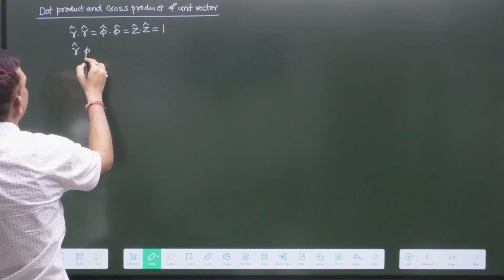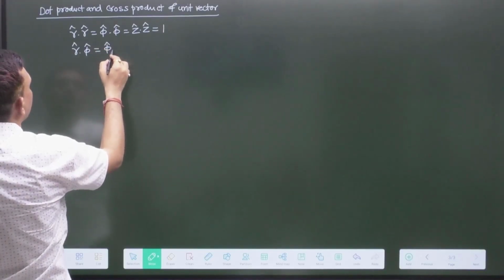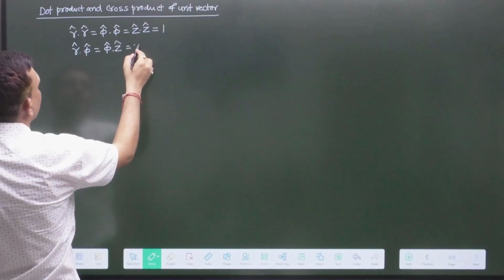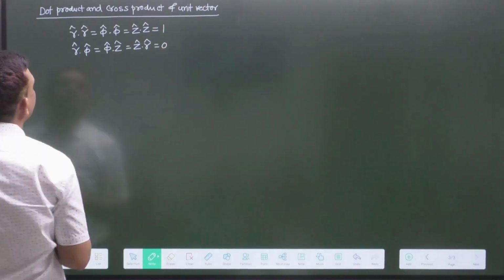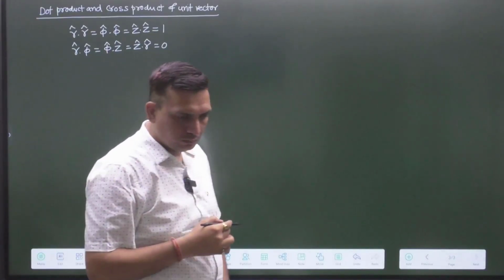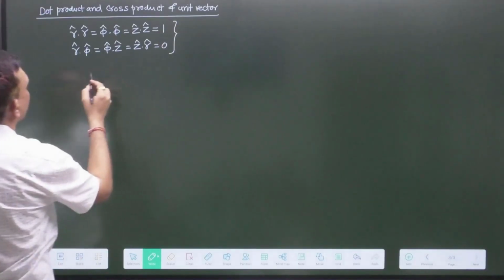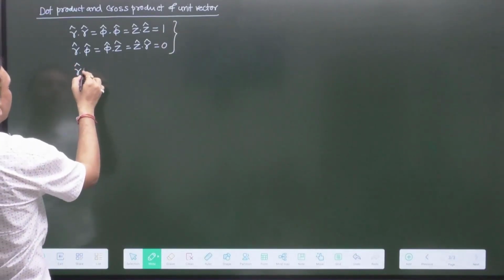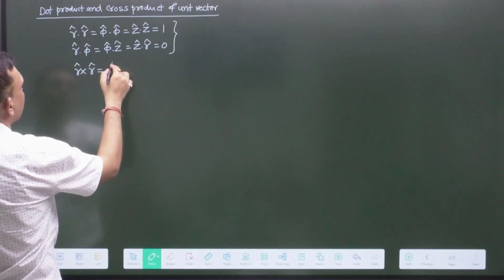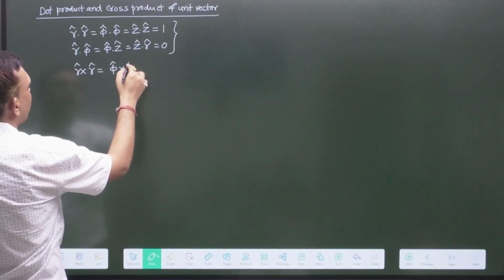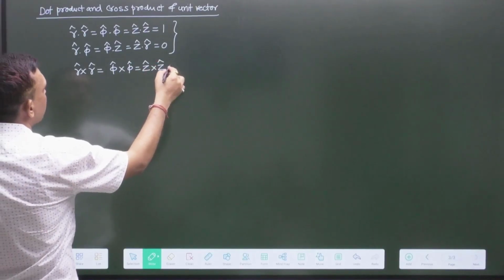R cap dot phi cap, phi cap dot Z cap, and Z cap dot R cap is 0. Then you will get R cap cross R cap, phi cap cross phi cap, and Z cap cross Z cap is 0.